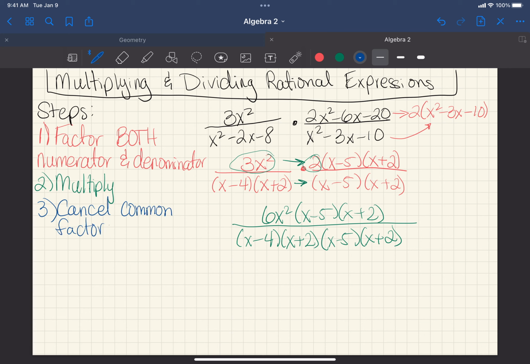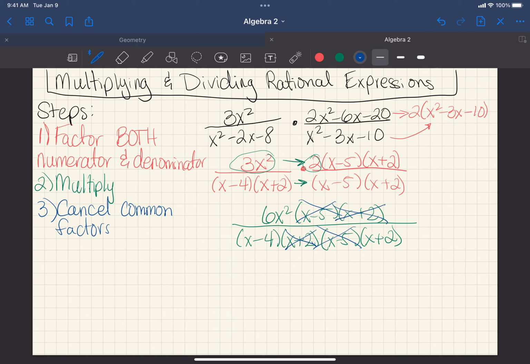Right? Whenever I have one term over itself, it always equals 1, right? So this is kind of a similar thing. I have an x minus 5, that's going to cancel out with this x minus 5. I have one x plus 2, it's going to cancel out with that x plus 2.